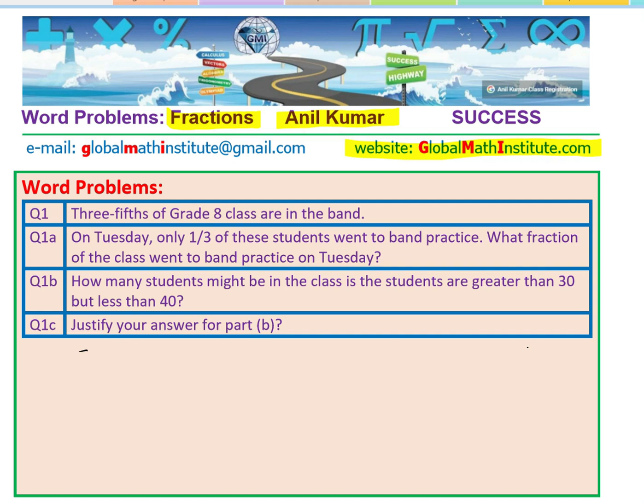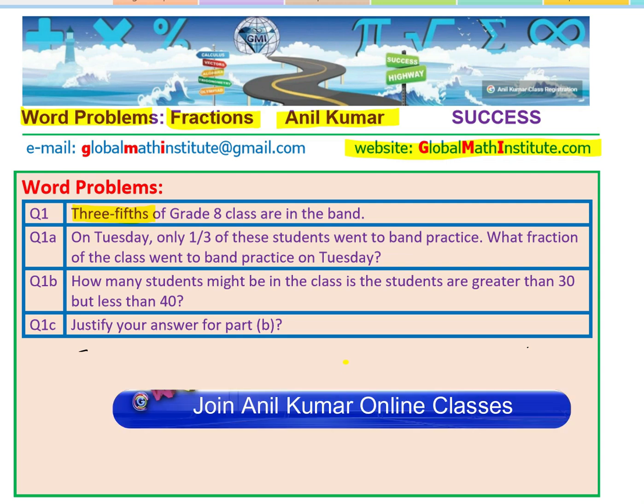So let's look into the very first word problem here, which is based on fractions. As you can see in the very first statement, it says 3/5 of grade 8 class are in the band. And you can now further read. Try to understand, write down your equation and try to solve it.